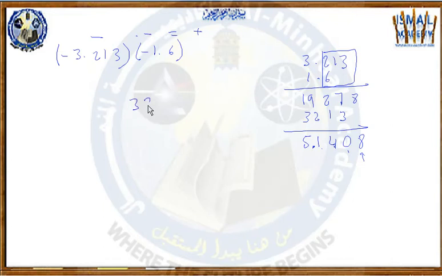It's like I multiply 3.213 and 1.6 as regular, like that. Yes? I multiplied, this is what I did here. I forgot the decimal. But when I finish, I see how many fraction parts I have. So how many digits after the decimal I have, the total digits. So I have 1, 2, 3, 4. So I'm going to count from the last digit. 1, 2, 3, 4. Then I put my dot.